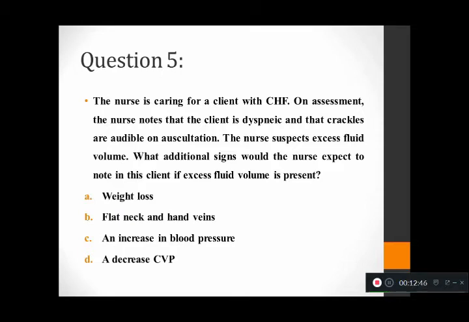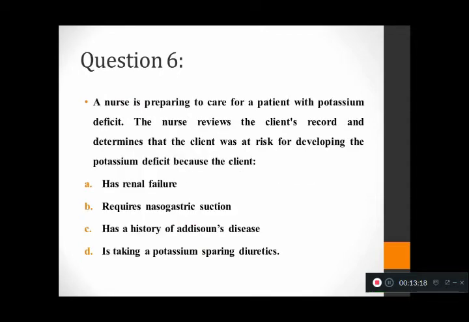Weight loss, flat neck and hand veins, and decreased central venous pressure are the symptoms of fluid volume deficit. When there is excess fluid volume, there will be increased blood pressure. So here the answer is increased blood pressure, the sign and symptom apart from crackle sounds for the patient.